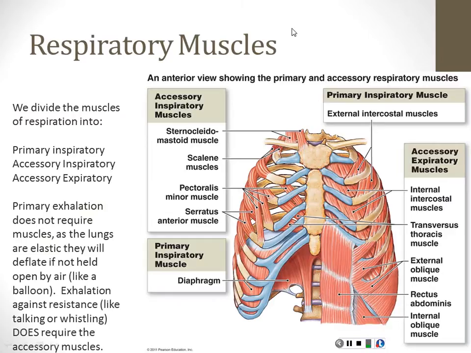So the accessory inspiratory muscles all insert on the rib cage. This is the sternocleidomastoid muscles, the scalene muscles that come in from behind, the pectoralis minor, which sits under the pectoralis major, and then the serratus anterior muscle, which sits sort of off to the side. All of these do the same thing as the external intercostals.